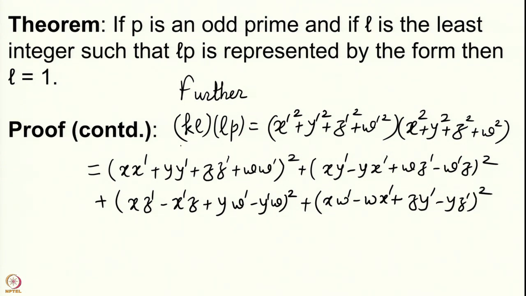That we can write the product, which is KL square P, as a sum of 4 squares.